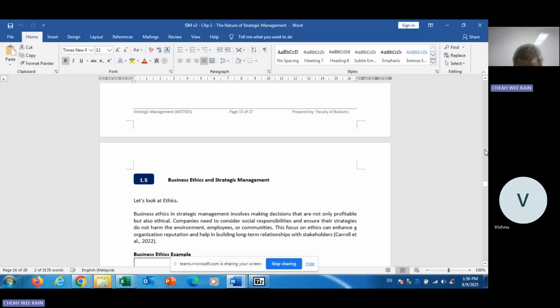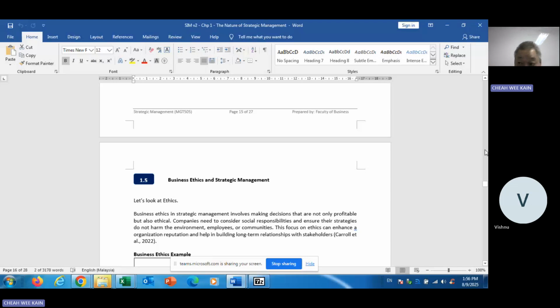Another thing about ethics is that it normally comes from the top. If the board of directors, the CEO or the general managers don't have good ethics, for example they come to work late, go back early, use the company car for personal use, or use the company's money for personal traveling, there's a saying: monkey see, monkey do. The junior people will look at the top management.